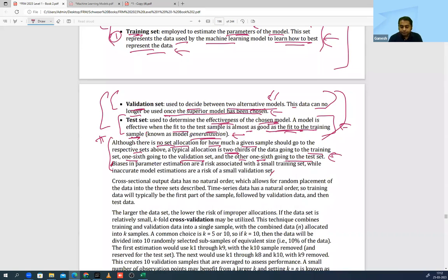Biasness in parameter estimation are a risk. I am marking this as star. Are a risk associated with small training data set. मतलब मॉडल को सीखने का टाइम ही नहीं मिला. It is basically preparing for 3 days and going for the exam. You have not learned, na? Model सीखा ही नहीं. Okay, while inaccurate model estimation are risk of small validation.